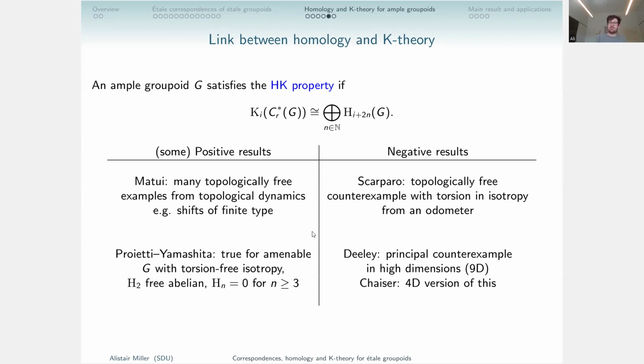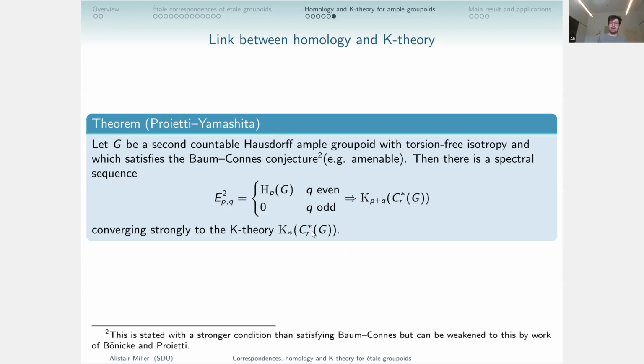What is the actual relationship between these groups? It's a spectral sequence. So what do they do? If you have torsion-free isotropy and you satisfy the Baum-Connes conjecture, then you have a spectral sequence that converges to the K-theory, and the second page is given by the groupoid homology.